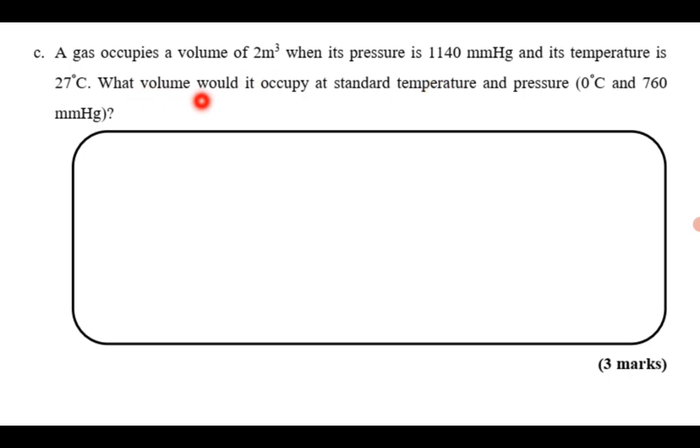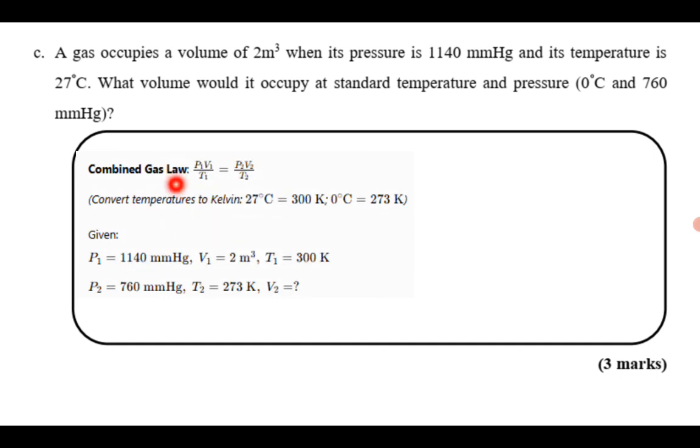So we are asked to calculate volume. So this calls for what is called the combined gas law, since we are moving from one pressure and volume as well as temperature to another pressure, volume, and temperature.